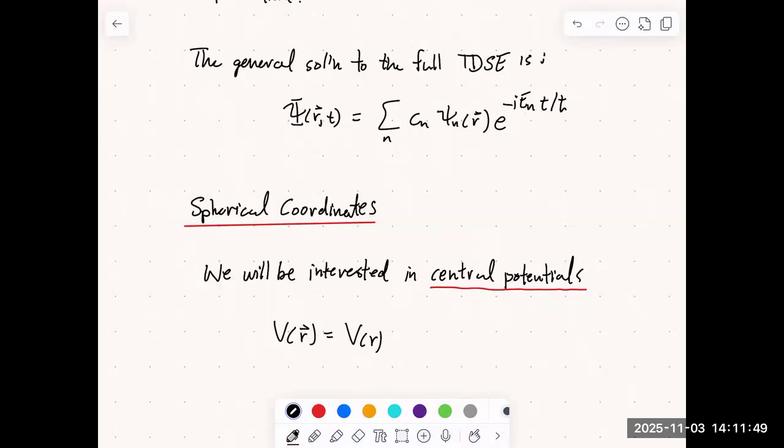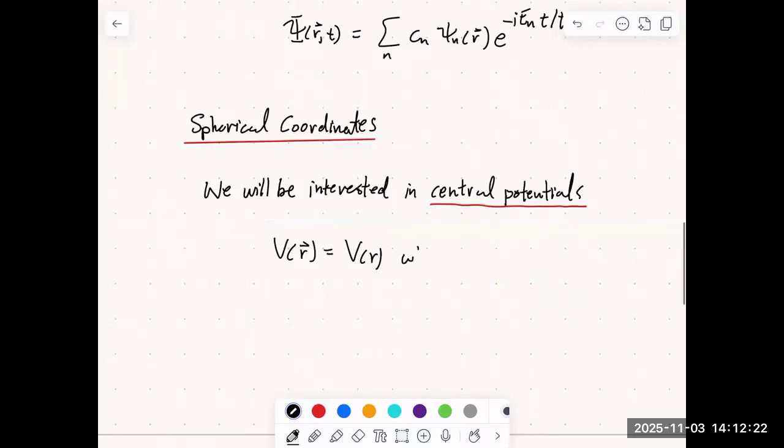If I have two charges separated by a certain distance, r, the potential only depends on that distance. It doesn't matter if one charge is at the origin and one charge is, say, along the x-axis, or along the negative y-axis, or along negative x, or positive x, or along a diagonal. All that matters is that distance between them. That's what people mean by central potentials. The Coulomb potential is an example of that, and so is the gravitational potential.